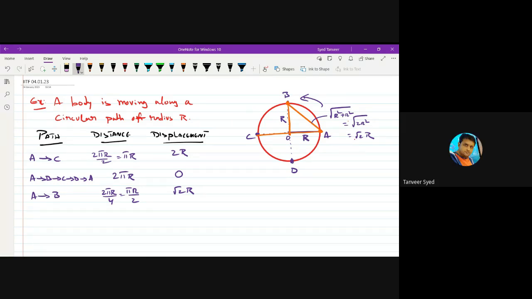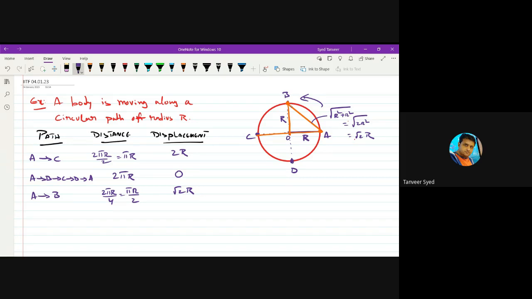Final point? C. What is the shortest distance between them? 2r, sir. Is it the diameter? Yes, sir. Diameter is twice the radius. So from A to B, displacement is root 2r.